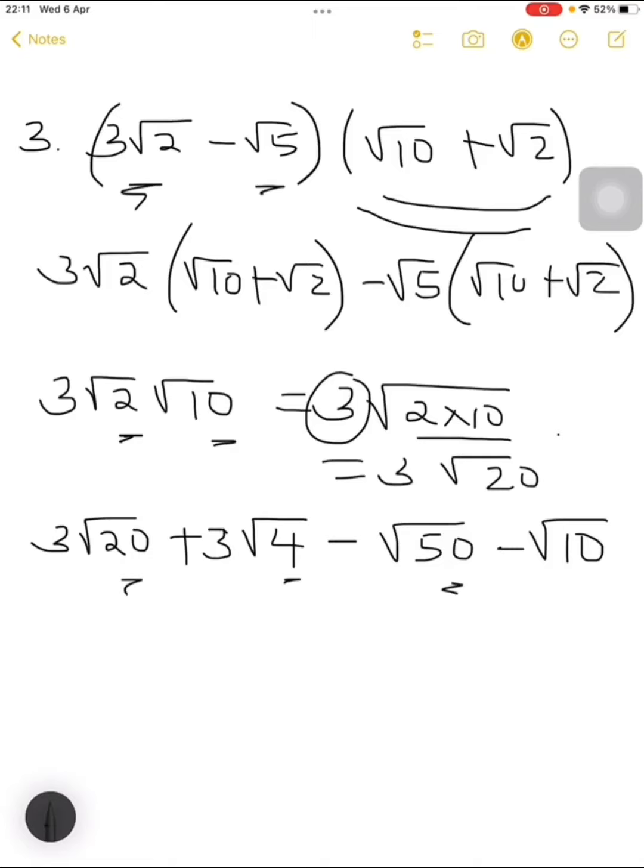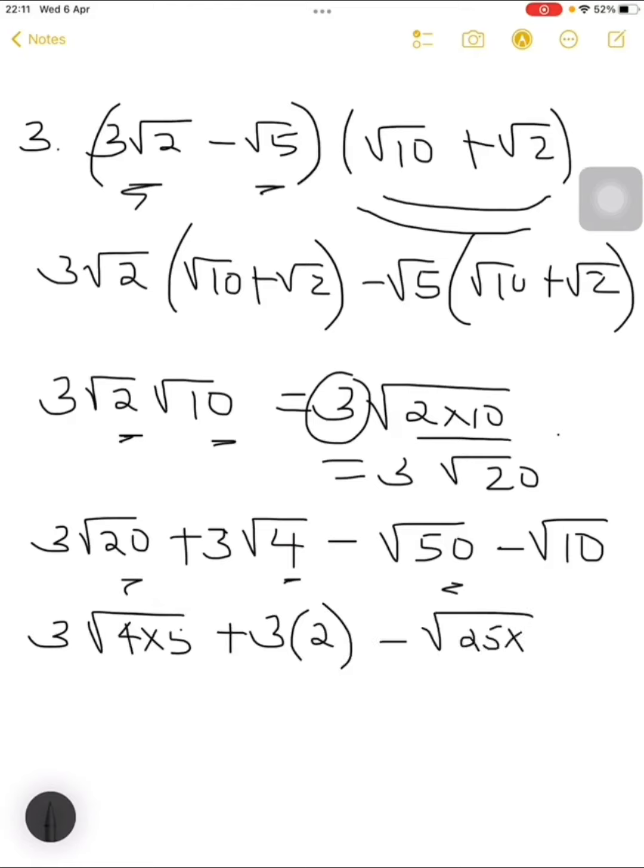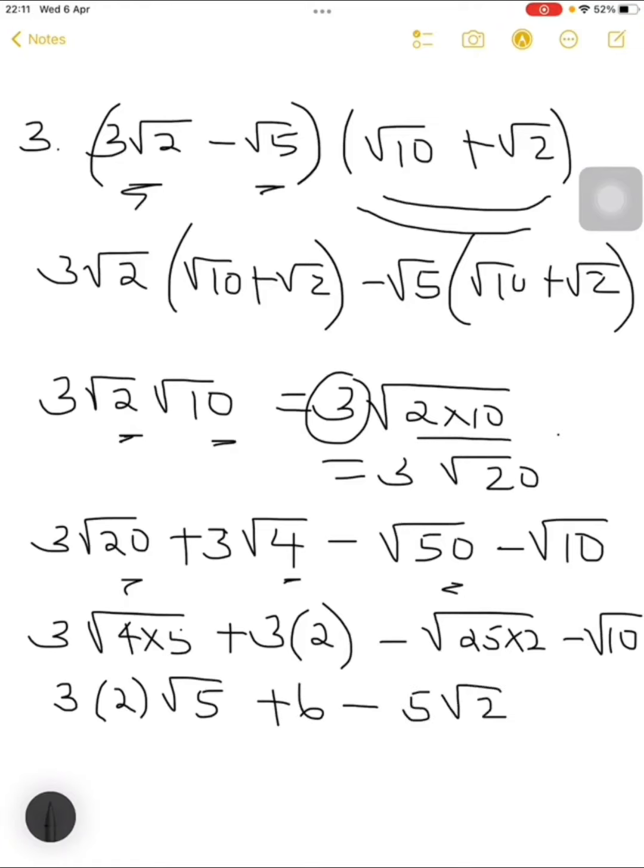All right, so here we are going to have 3 into, it's just the same as that, 4 multiplied by 5, plus 3, the square root of 4 is 2, minus the square root of 25 multiplied by 2, and then minus root 10. And this is the same as 3 multiplied by 2, right? And then root 5 plus 6 minus 5 root 2 minus root 10.